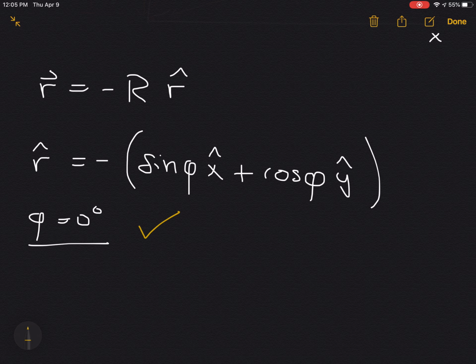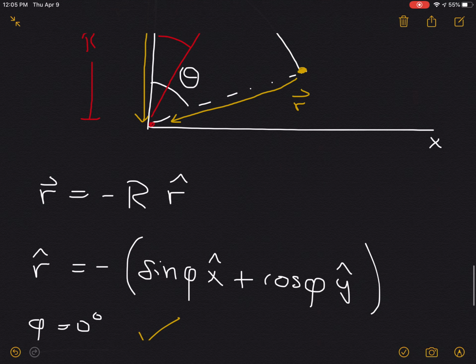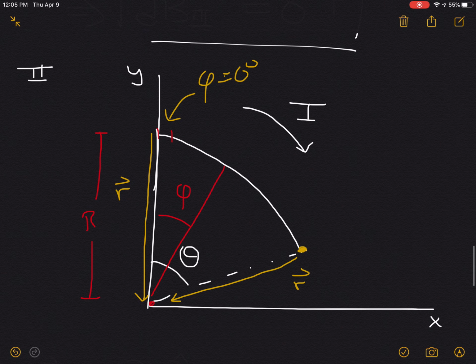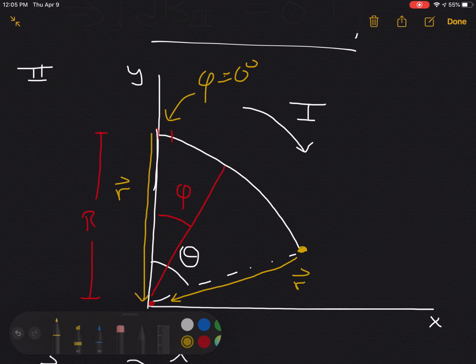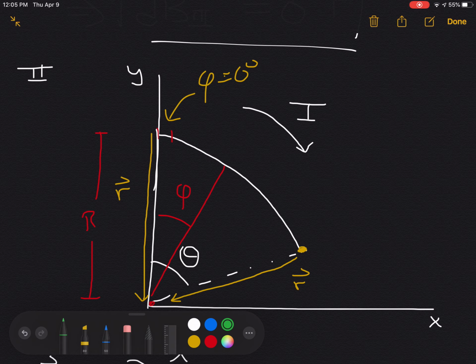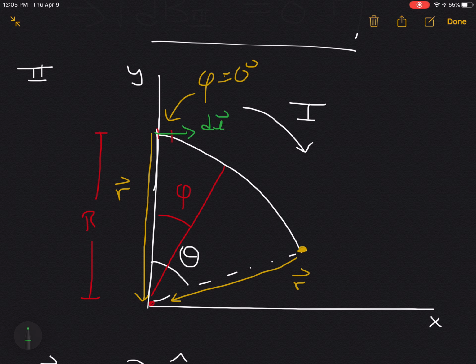Now let's go ahead and look at what dl is going to be. Now dl is an infinitesimal segment that is tangent. When the wire segment is curved, dl points tangent to the curve.